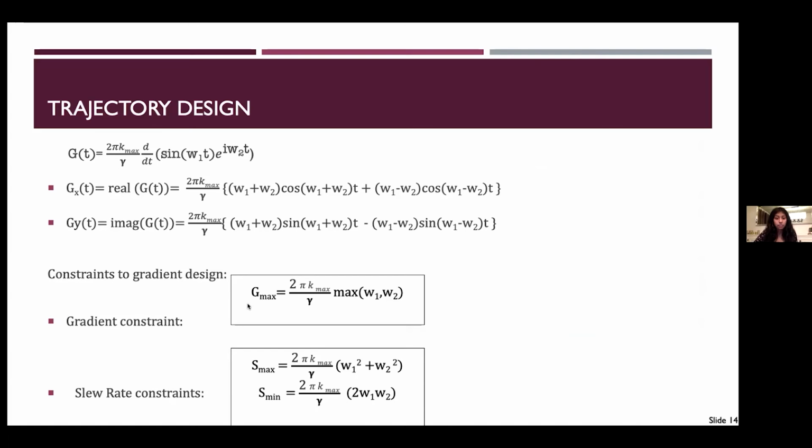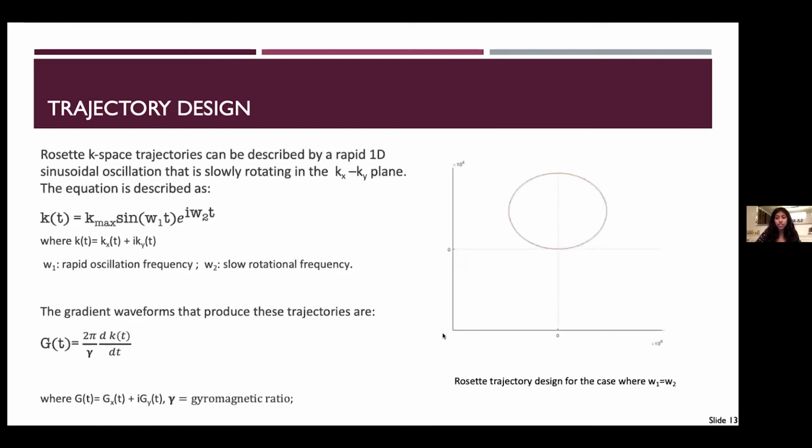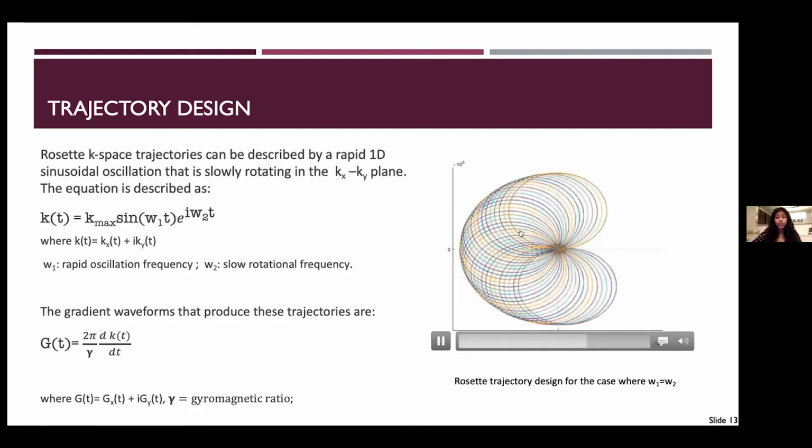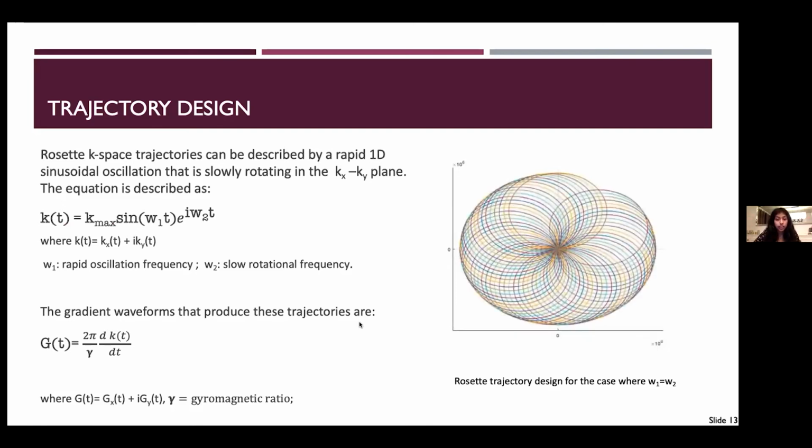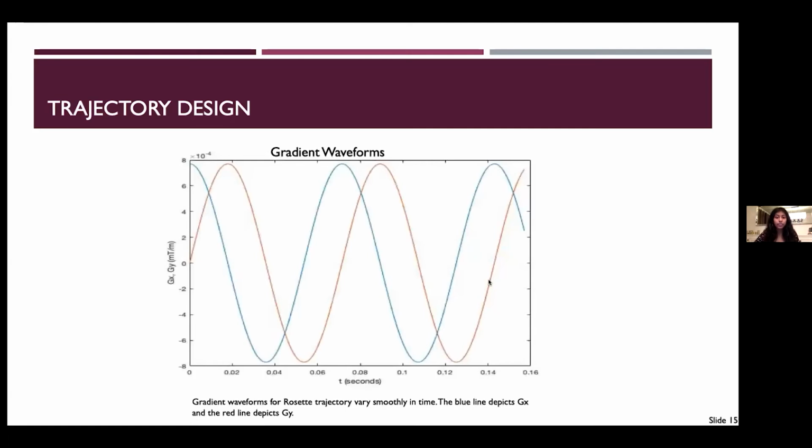So in my case, I would be using the same rapid oscillation frequency and the slow rotational frequency, because it would achieve a uniform coverage of the k-space instead of going in a different pattern. These are the gradient waveforms for my trajectory, and as we can see, they vary smoothly in time. Because of this, there's not much noise when the gradients are played out in the MRI scanner.